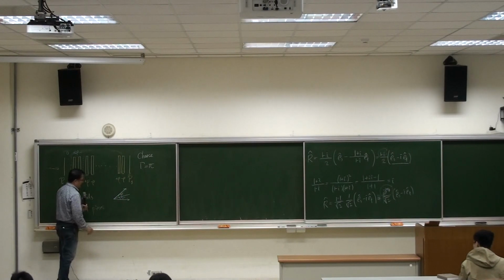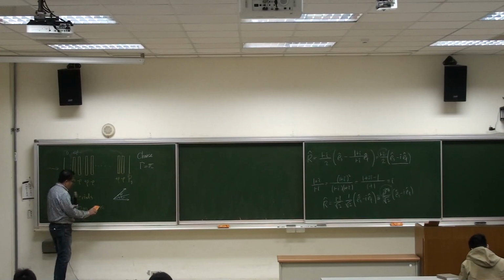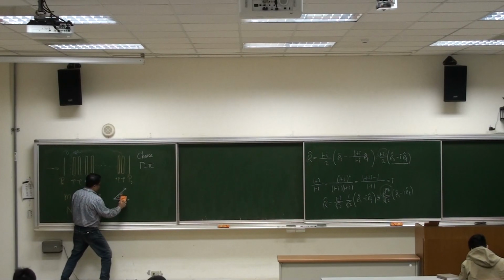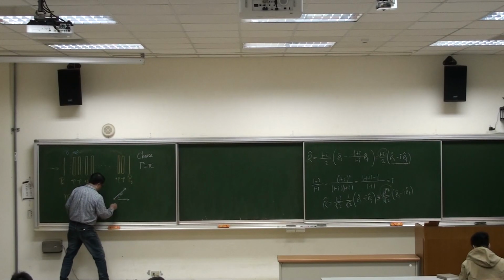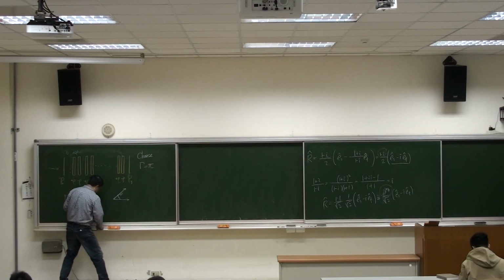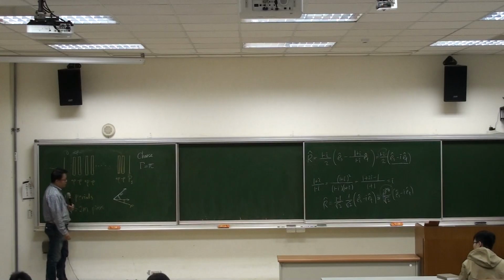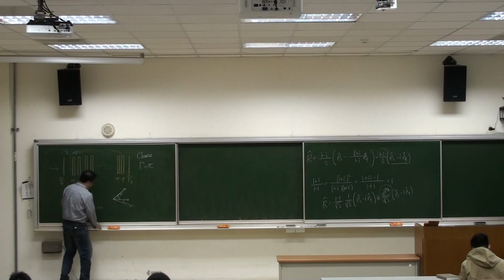And now the next wave plate has its slow axis along the negative rho direction.